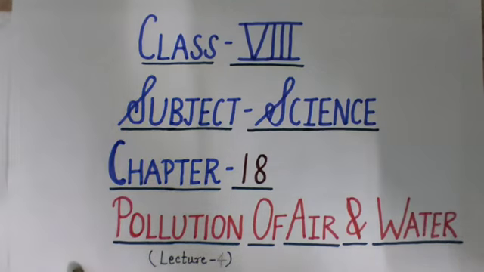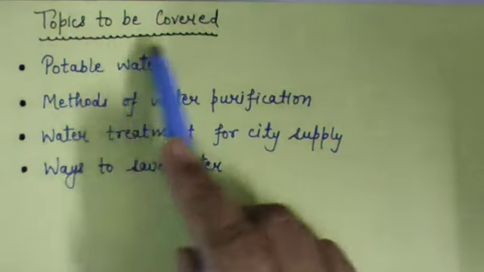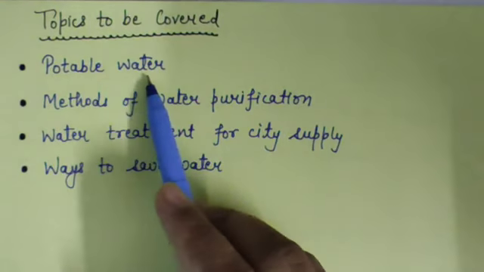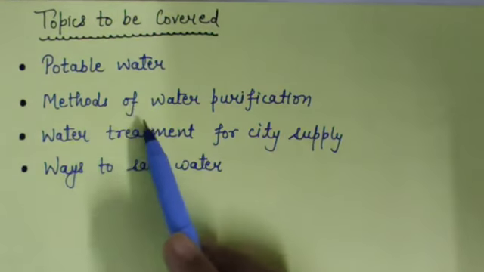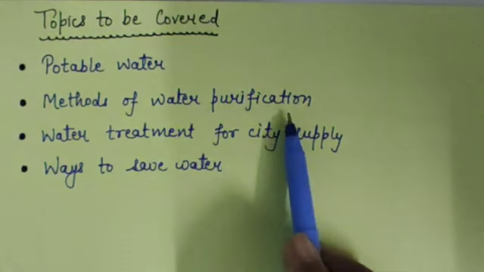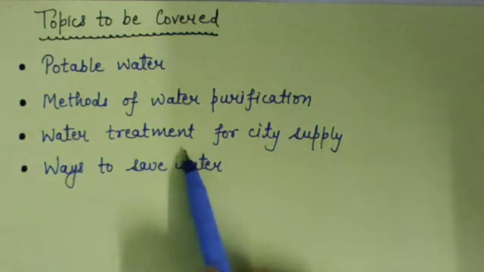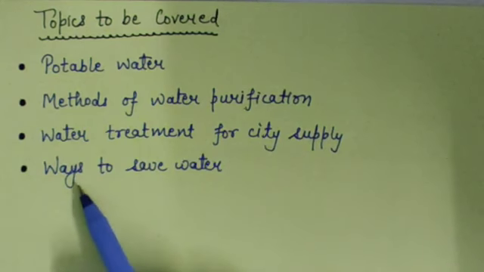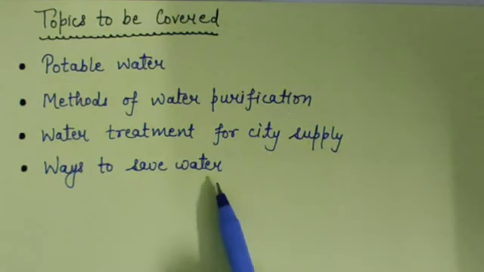The topics to be covered in this lecture are: first, potable water, then methods of water purification, water treatment for city supply, and at the end ways to save water, means how can we save water. And at the end of the lecture we will discuss the homework solution also.